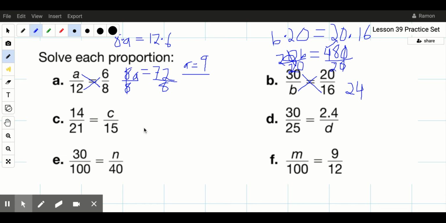Now, you might be wondering, well, why can't I just do what I did with equivalent fractions, right? Why can't I just find a factor that I can multiply the numerator and the denominator by to get an equivalent fraction? Well, equivalent fractions work when one of the terms is a multiple of the other term.